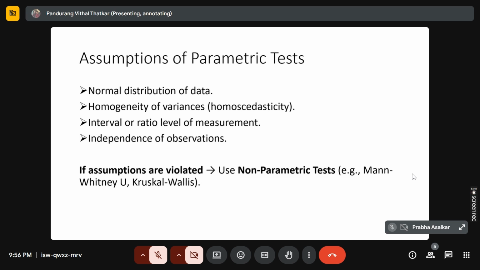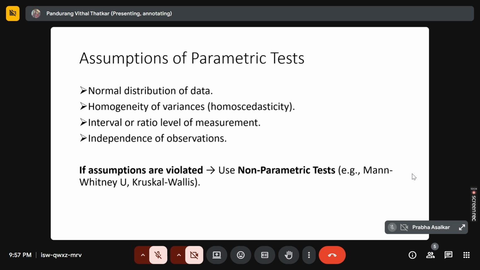Then there are some assumptions for parametric tests. The first basic assumption is that the data comes from a normally distributed population. Then homogeneity of variances. The variances of both groups, or if you have three groups, all the groups, are homogeneous. They are not significantly different from each other.